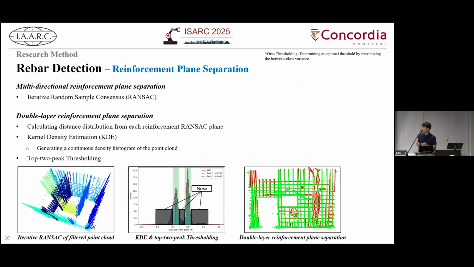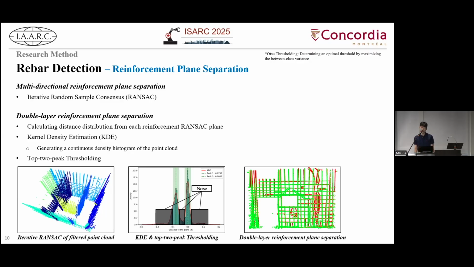But there are several reinforcement directions, so we should split the point cloud by plane. By using 3D RANSAC iteratively, we can fit one plane after another and assign the points to their closest plane.